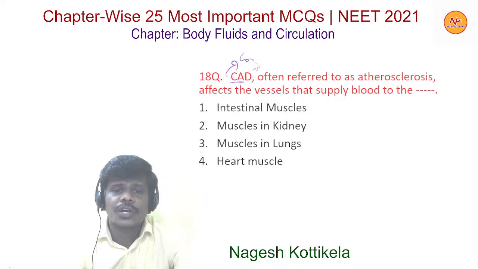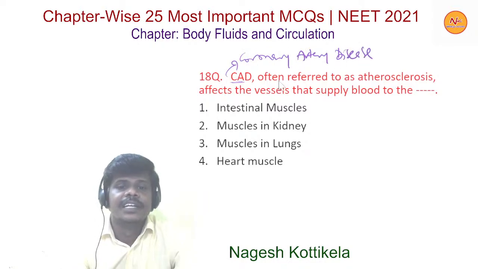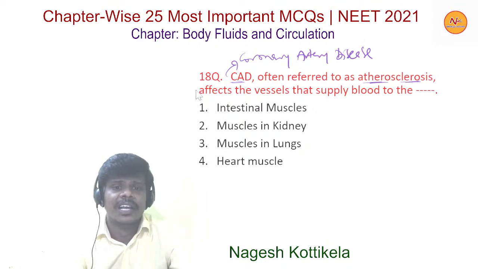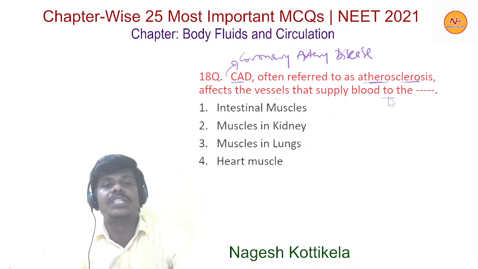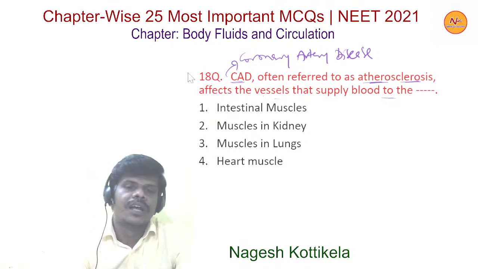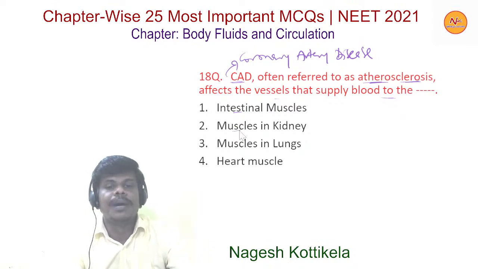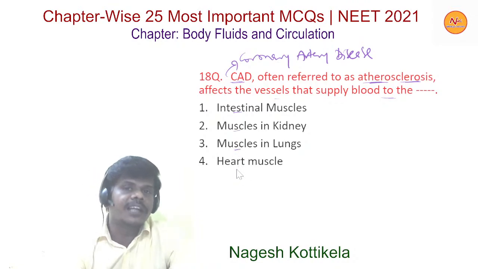CAD, this is coronary artery disease, often referred to as atherosclerosis, affects the vessels that supply blood to the option 1 intestinal muscles, option 2 muscles in kidney, option 3 muscles in lungs, and option 4 heart muscle.